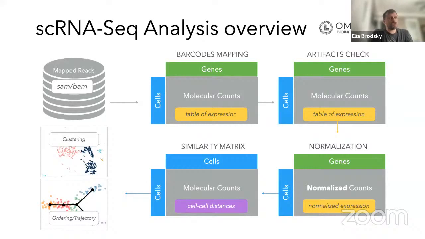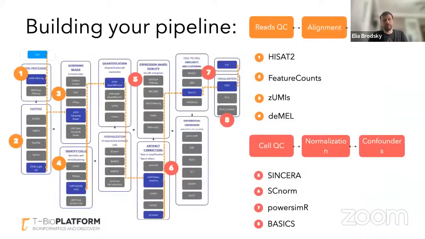So one of the major challenges is multiple types of sequencing data. I mean, 10x Genomics has recently become the standard, but there are still many other different methods as well. And one of the challenges here is to address the artifacts. And so what we have done on the platform is we have prepared a number of tools that one can use to be able to process different types of data with different types of comparable methods.